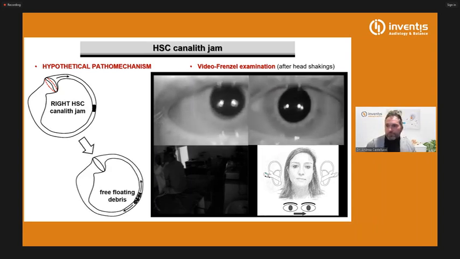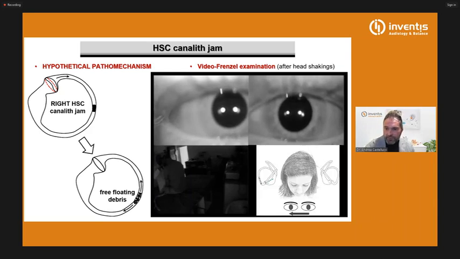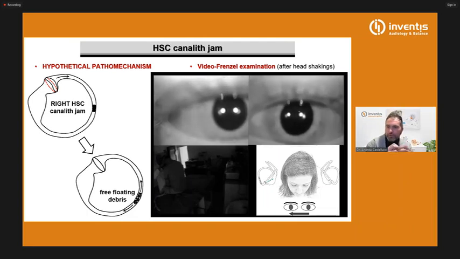And after head shakings, look what happens. After several head shakings, we can see now that in a few seconds, probably now is the moment when the clot crumbles.